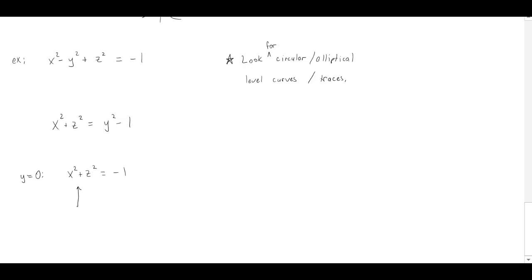So a good way to see it is notice that on the left-hand side, since we have x squared plus z squared, that's always going to be non-negative because everything is getting squared. So it's not possible that it will be equal to something that is negative. Okay. So in other words, there's no solution to this equation.